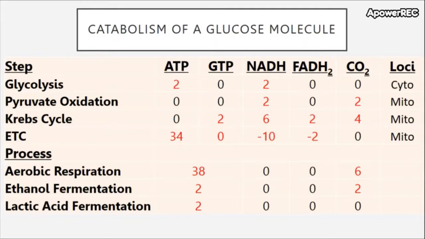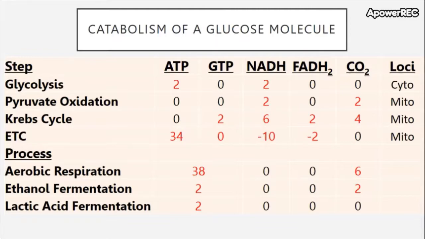In glycolysis, we saw we have 2 ATP and 2 NADH generated, and this is done in the cytoplasm. For pyruvate oxidation, we have 2 NADH produced and 2 CO2 produced as well.